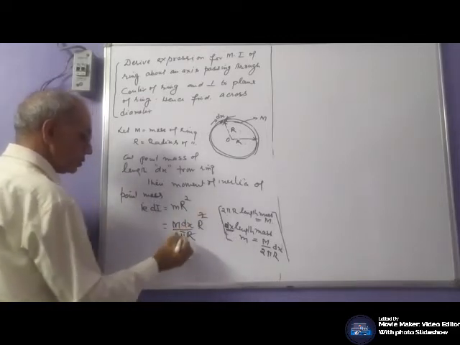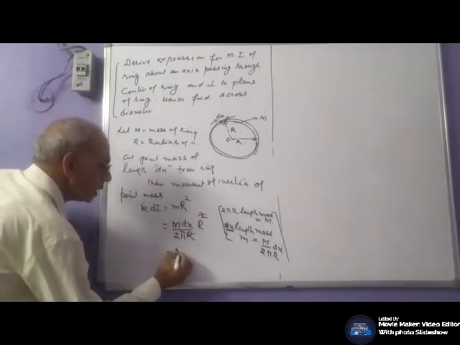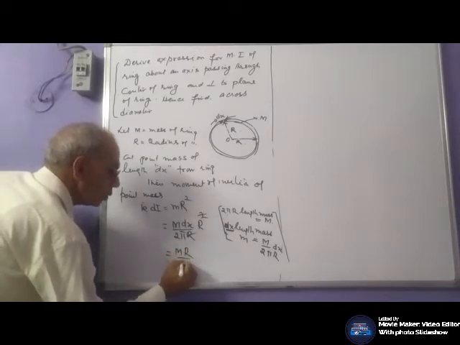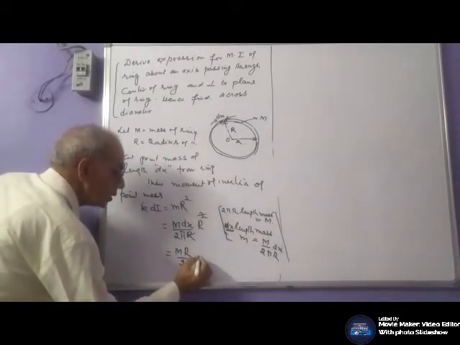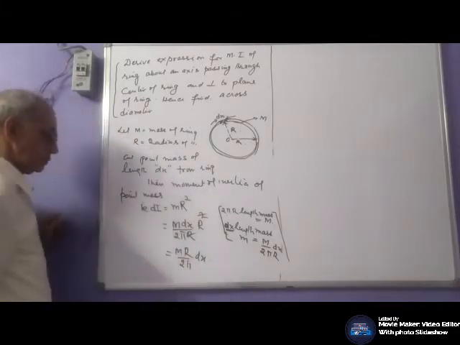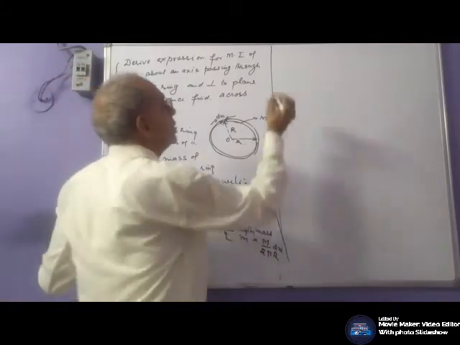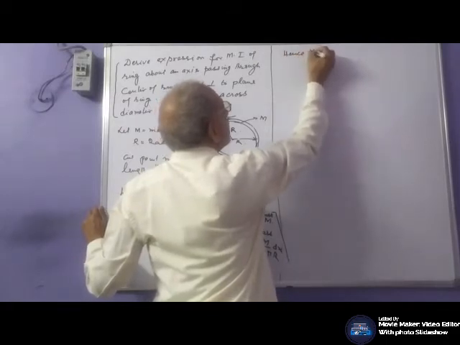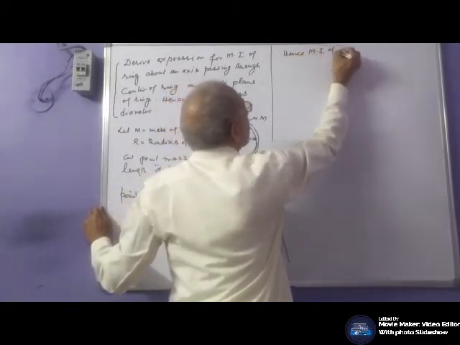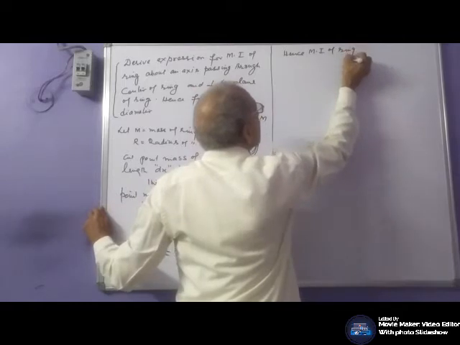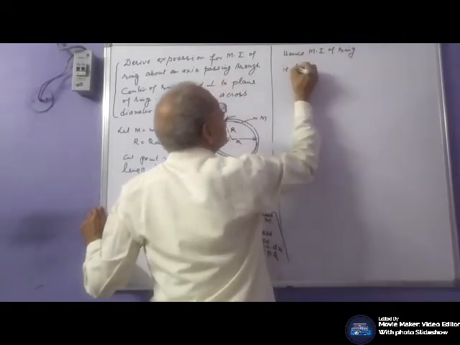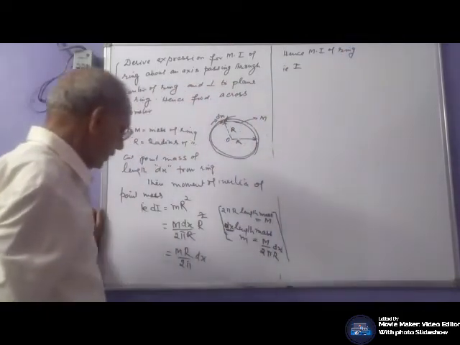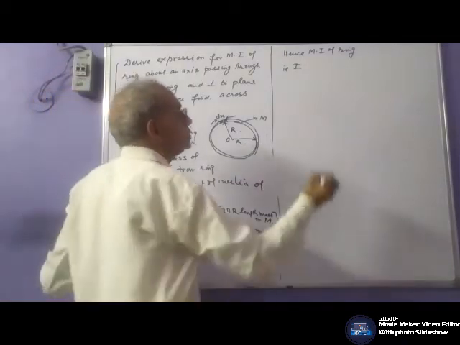R goes with this square. It is M r 2 pi dx. Hence, moment of inertia of ring, that is I, means integrate within limits.